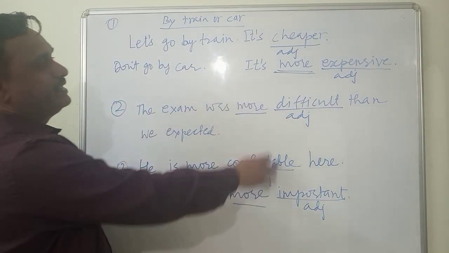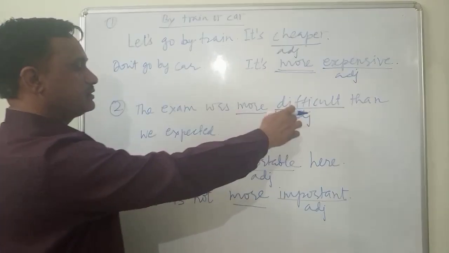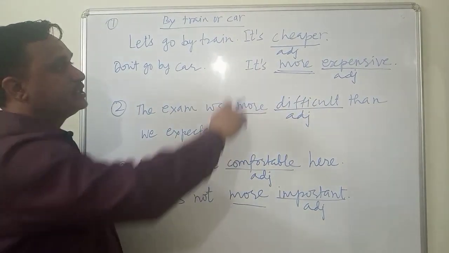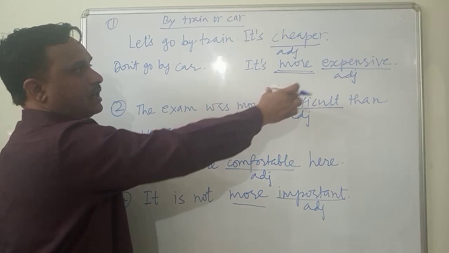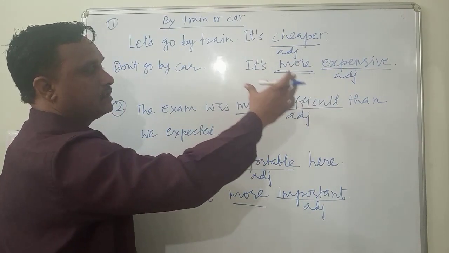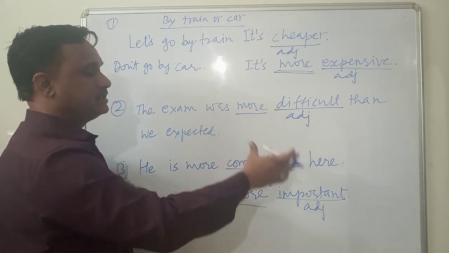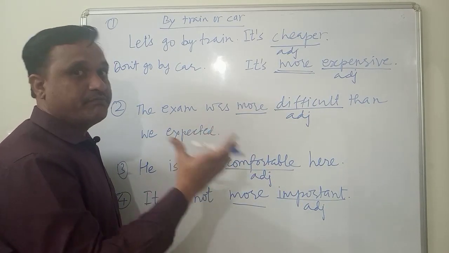Now compare these expensive, difficult, comfortable and important with cheaper. Now cheaper is a short word and expensive is a bigger word. Difficult, comfortable and important are bigger words.